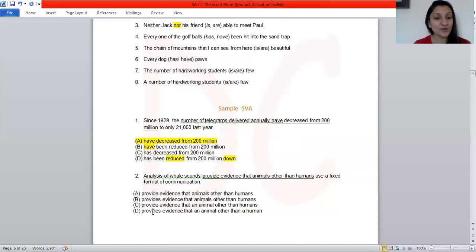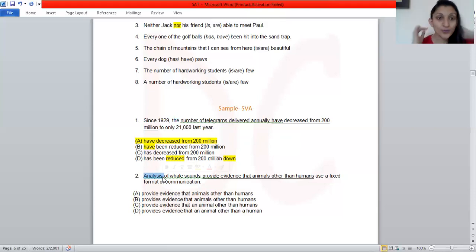Again provide, again provides. So two options can be eliminated and two options will be left. What, provide or provides evidence? Analysis of whale sounds. So is sound providing something or analysis providing something? You ask yourself this first. Analysis is providing something, right?